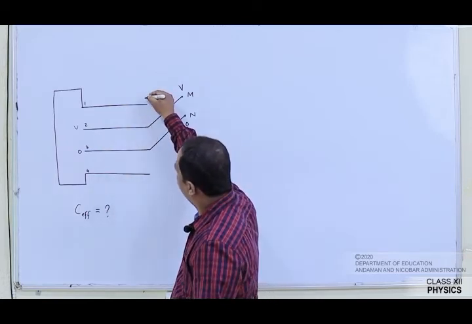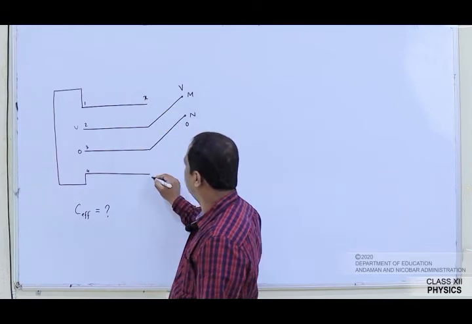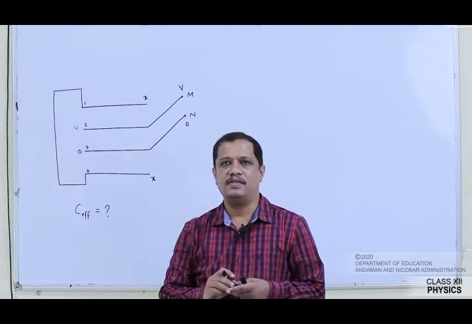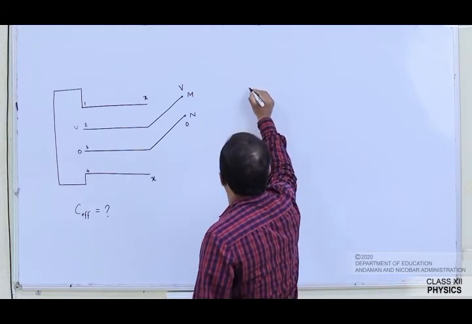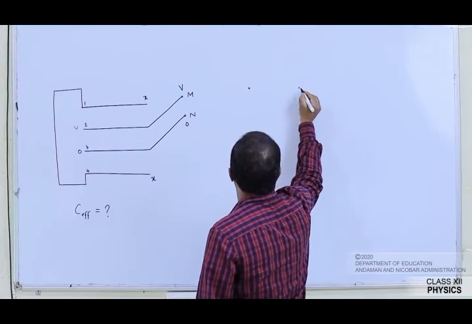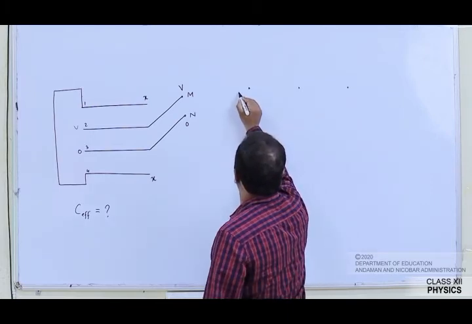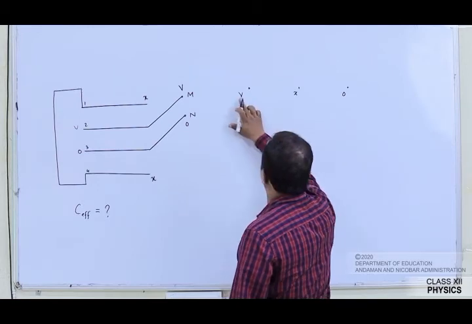So let me say here the potential is X, this plate has a potential of X, this has a potential of X. Now I have to calculate the effective capacitance. Let me put this point as V, this point as X, and this point as 0.